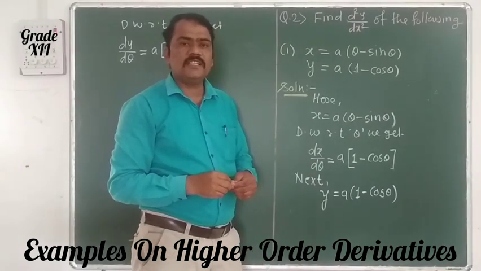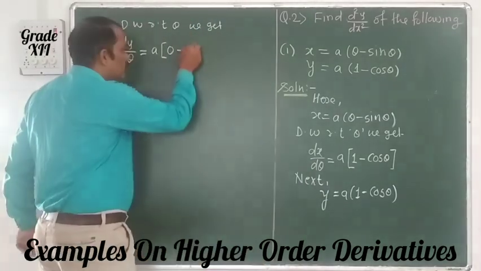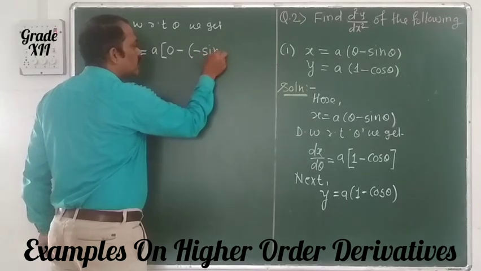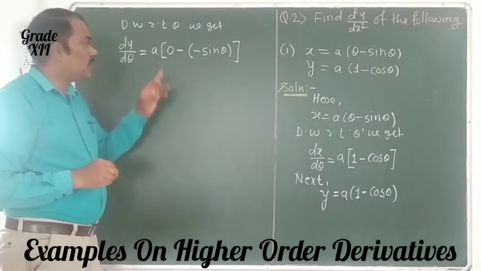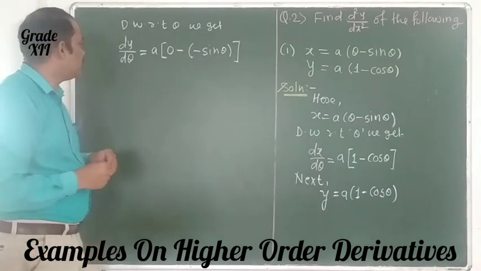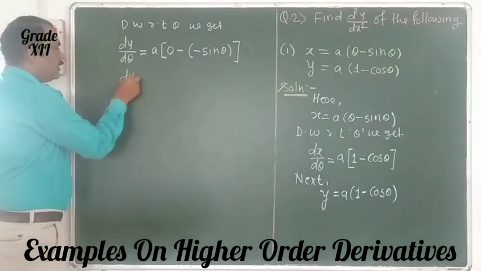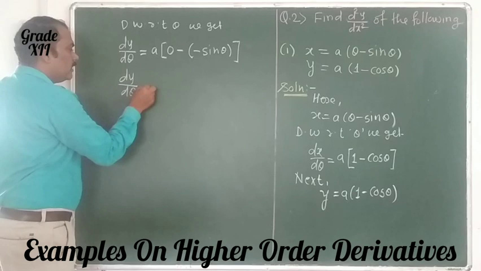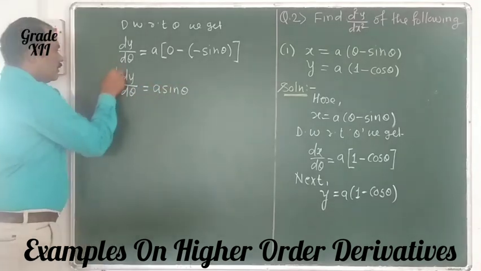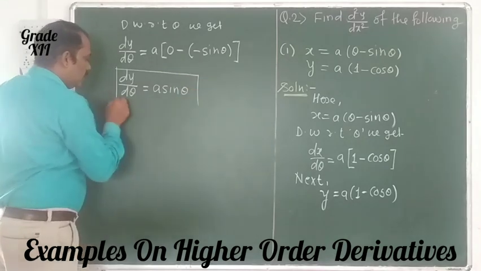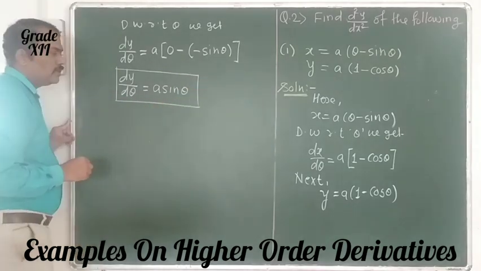Differentiation of cos theta is nothing but minus sin theta, so minus sin of theta. Here minus becomes plus, 0 plus sin theta is nothing but sin theta, so we can write dy by d theta is equal to a sin of theta. dy by d theta is nothing but a into sin of theta.